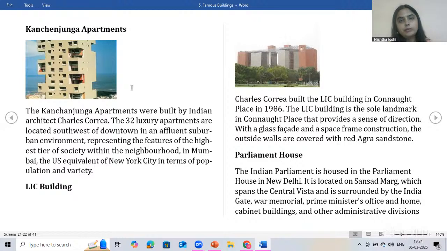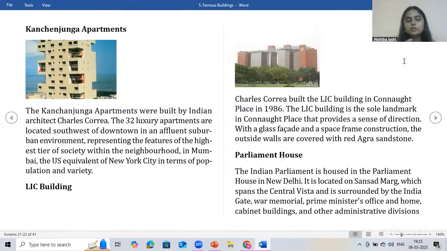Next famous building is the LIC building. As I was telling you, this head office of LIC is also present in Connaught Place. So this is the same building that I was talking about. It is also designed by famous Indian architect Charles Correa, and it was designed in 1986. LIC building is the sole landmark in Connaught Place that provides a sense of direction.